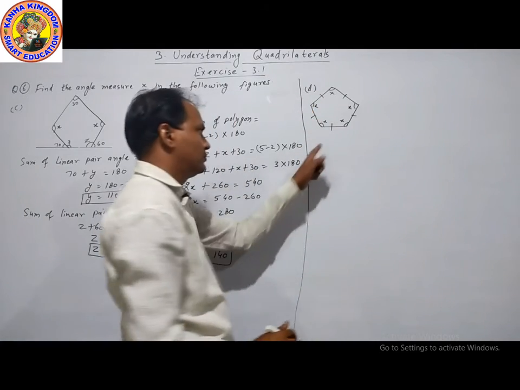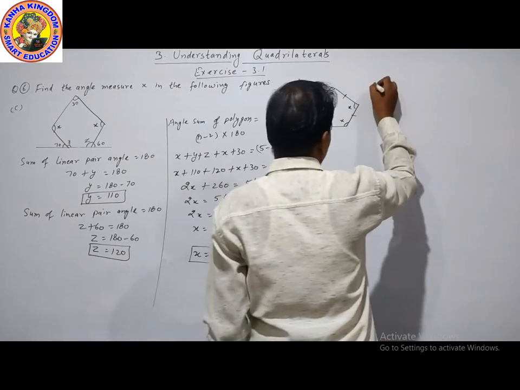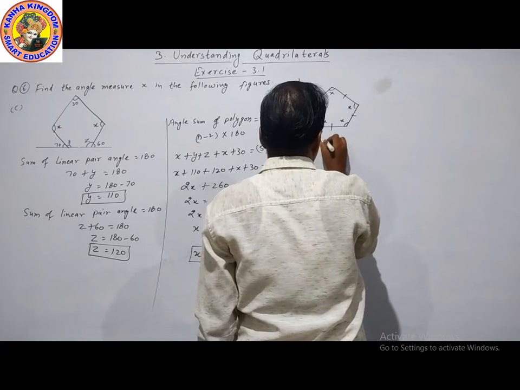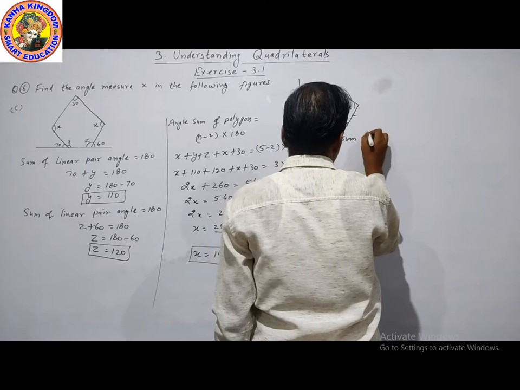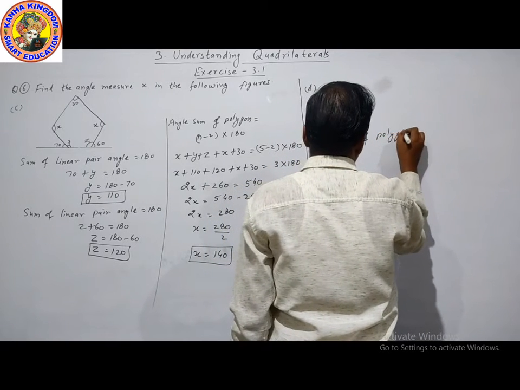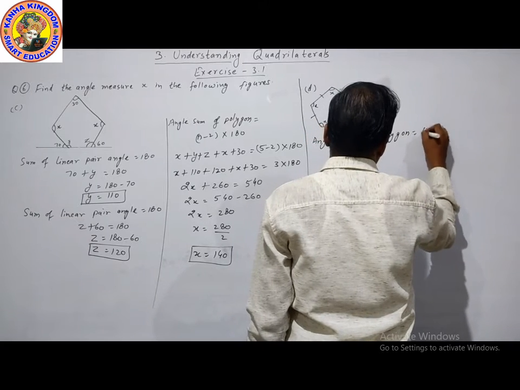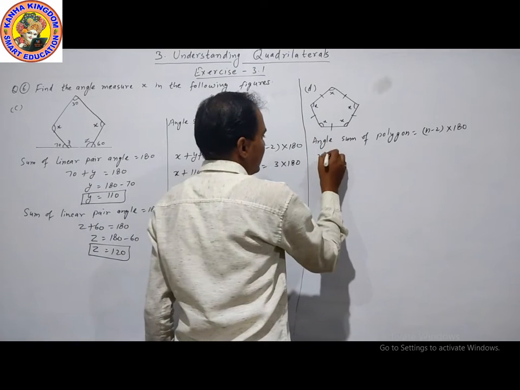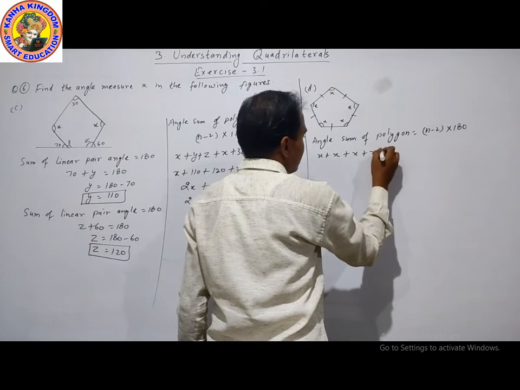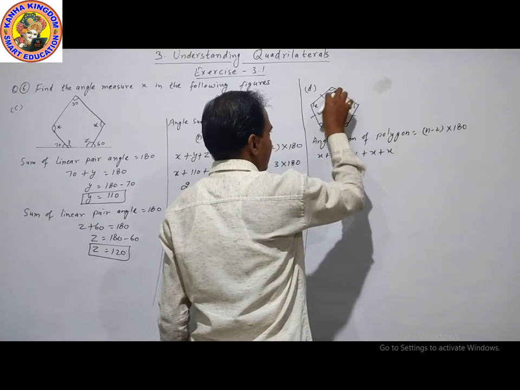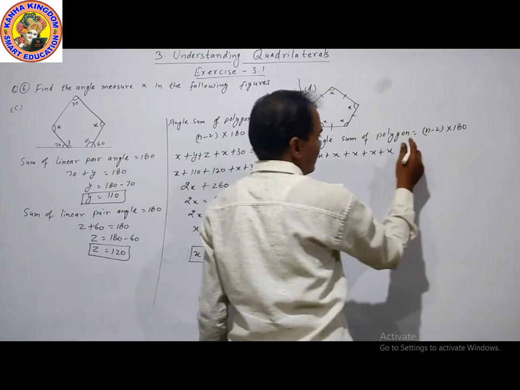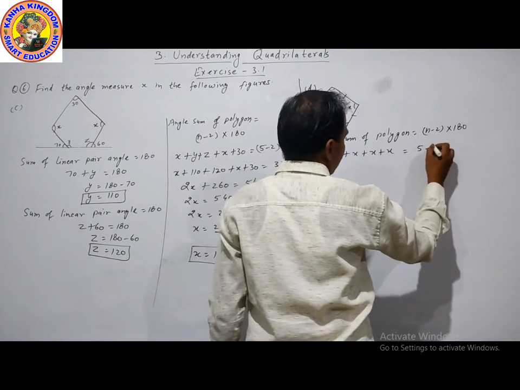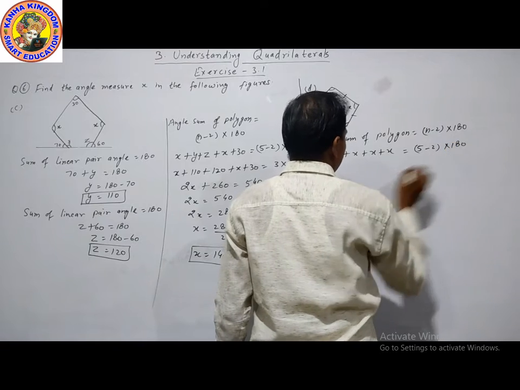In this question, angle sum of polygon is equal to n minus 2 into 180 degree. Now the angle sum, x plus x plus x plus x plus x, x 5 times, n is number of sides, 1 2 3 4 5, minus 2 into 180.